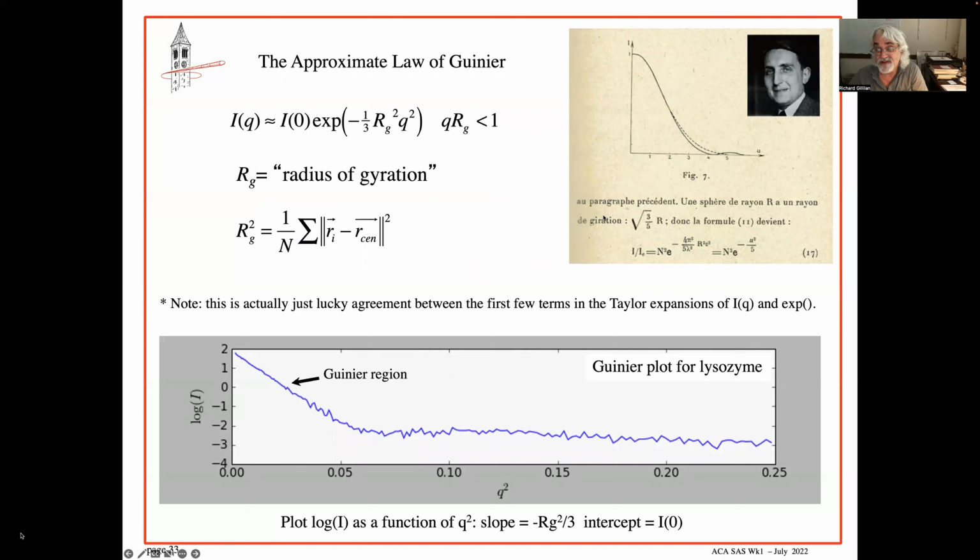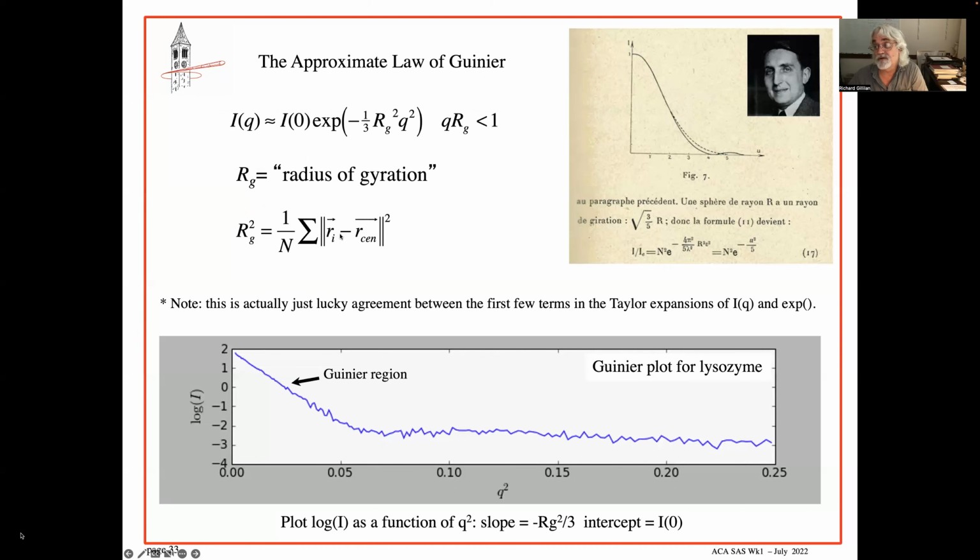You can look up his thesis. It's published, and I looked it up in the library, and here it is. So he noticed that the scattering looks sort of like a bell curve, and the width of the curve is related to something called the radius of gyration, right? And the radius of gyration, as you'll see in a minute, is sort of a mean squared difference between all the electrons and the center of mass.